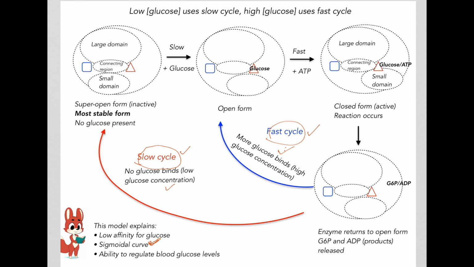This also explains why the liver and the pancreas will take up more glucose only if the blood glucose concentration is high. Because when the blood glucose concentration is high, this enzyme is more active. It will convert the glucose to glucose 6-phosphate. But when the blood concentration is low, this enzyme is not active and therefore will not convert glucose to glucose 6-phosphate.